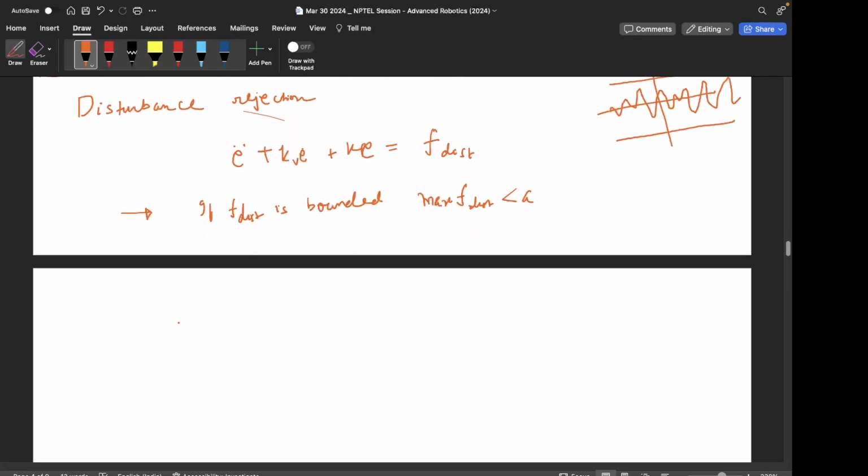So if the disturbance is bounded, then by the property of this differential equation, we achieve what we call BIBO stability, bounded input, bounded output. So if the disturbance is bounded, it is guaranteed that the output is also bounded. The output will not blow up until the disturbance also blows up, and in that case we can't do anything, right? So we have to ensure that the disturbance stays bounded, right?